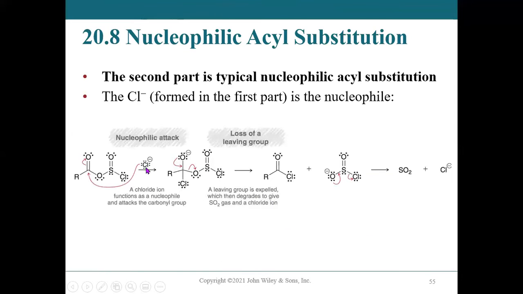Therefore, we can use the chloride to attack this carbonyl carbon and expel this SO2Cl negative ion, producing this acid halide.